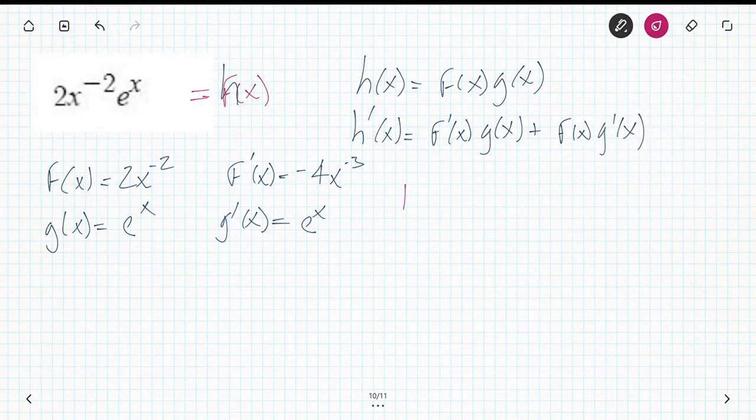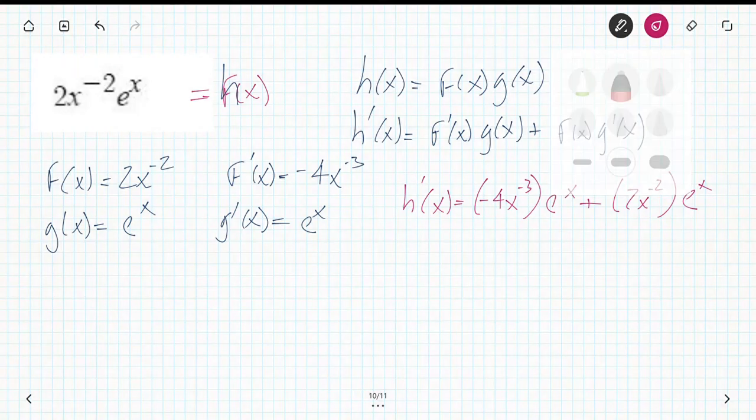Okay, so h prime, what is my f prime, is going to be negative 4x to the negative 3. g of x is e to the x, plus f of x is 2x to the negative 2, and g prime is the same thing, e to the x. Okay, so now we are done. We are just going to highlight.